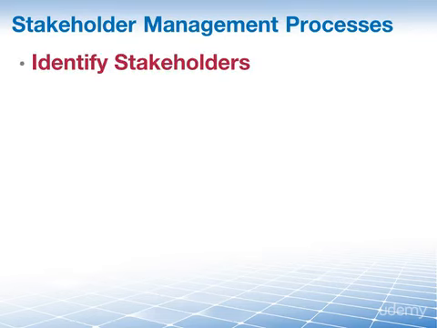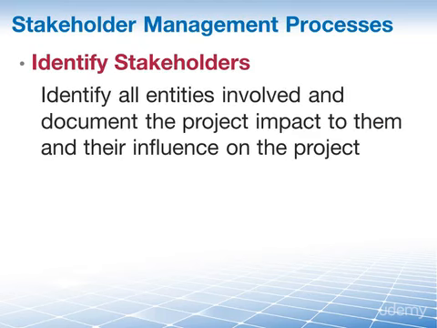Identify stakeholders is our first process. It's the process of identifying all people, groups, or organizations that could impact or be impacted by a decision, activity, or outcome of the project, and analyzing and documenting relevant information regarding their interests, involvement, interdependencies, influence, and potential impact on project success.